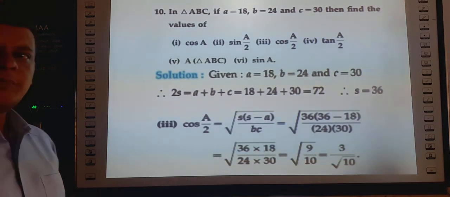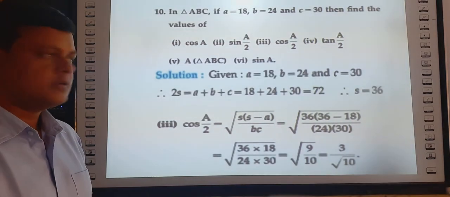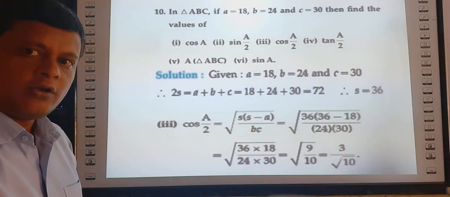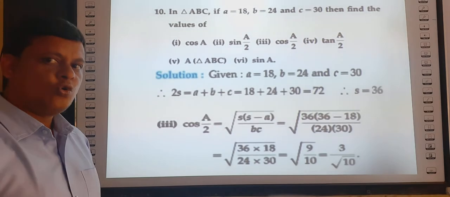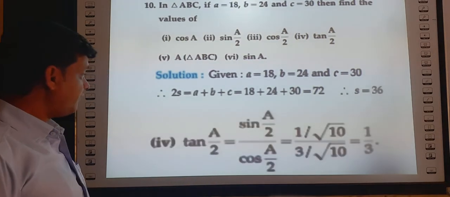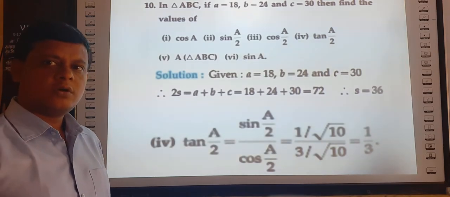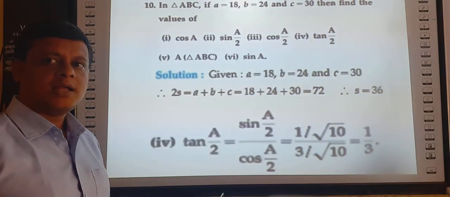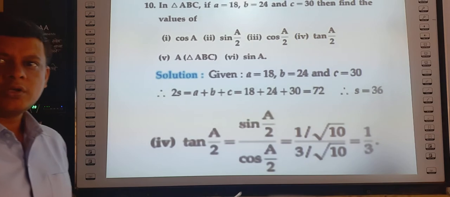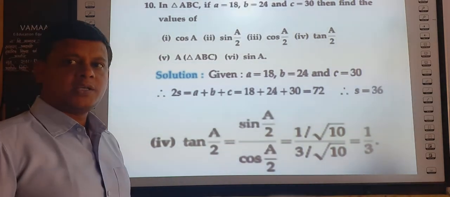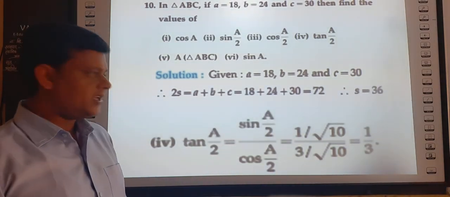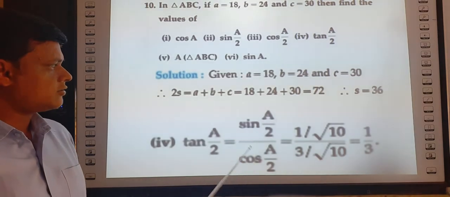Now next we have to find the value of tan A by 2. You can find the value of tan A by 2 in two ways, that is by writing the formula sin A by 2 upon cos A by 2, or by using the formula tan A by 2 is equal to the under root of S minus B, S minus C upon S minus A. From that formula you can also find the value.